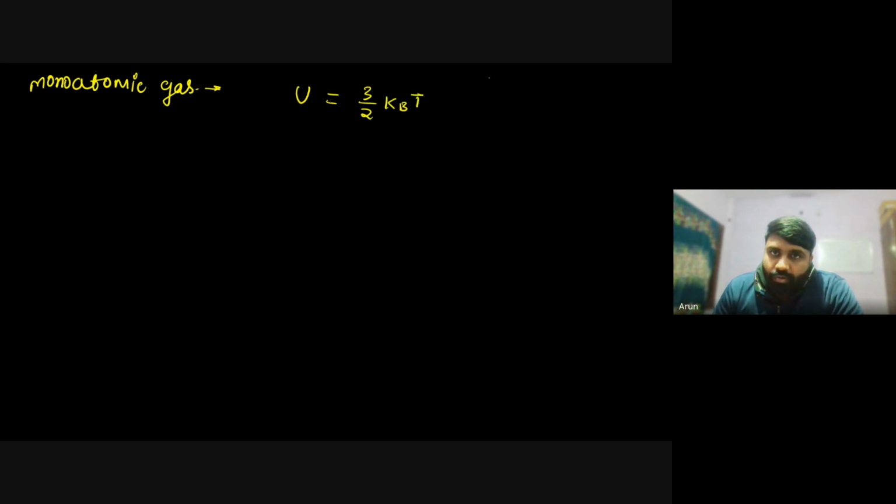Now, we define Cv and Cp. These are the molar heat capacities. Cv is for constant volume, Cp is for constant pressure.